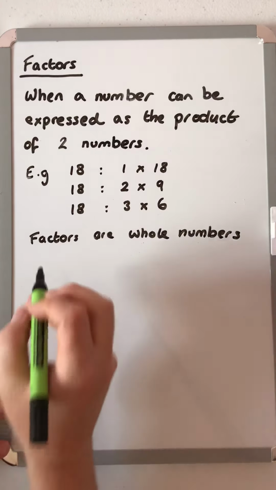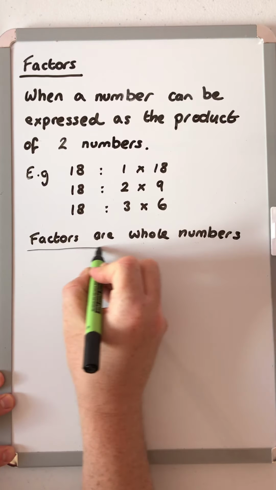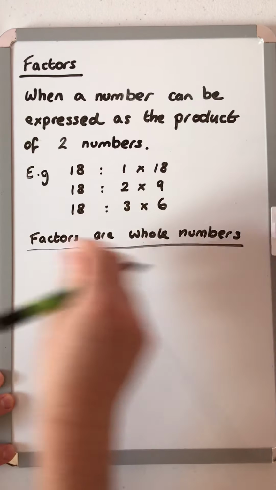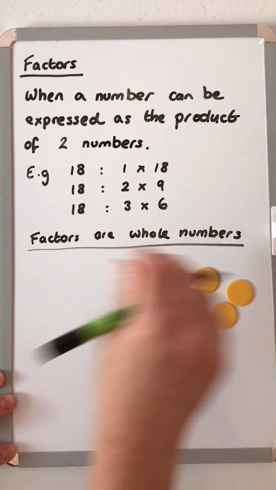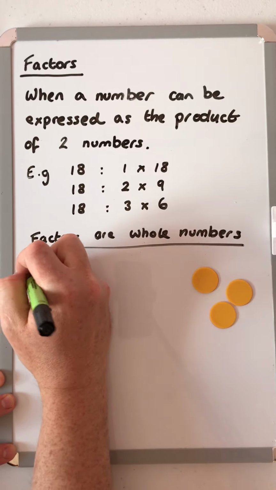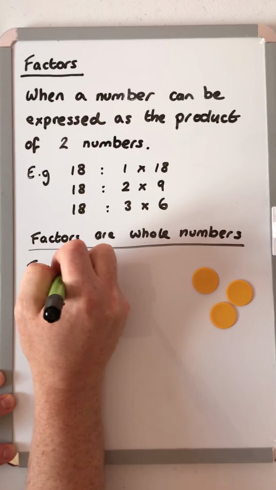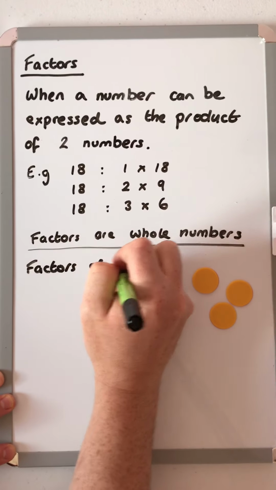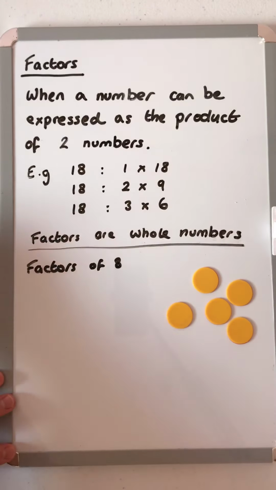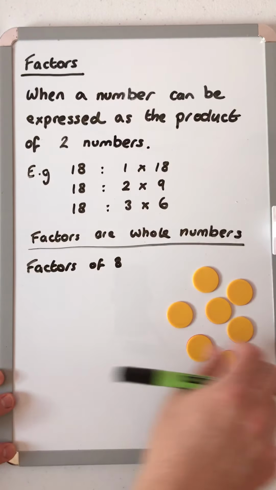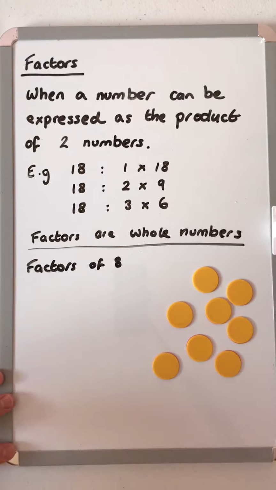Another strategy I would like to share with you is using these. They're integer chips. So let's take an example. Let's do the factors of 8. Okay, so there's 4, 5, 6, 7 and 8.